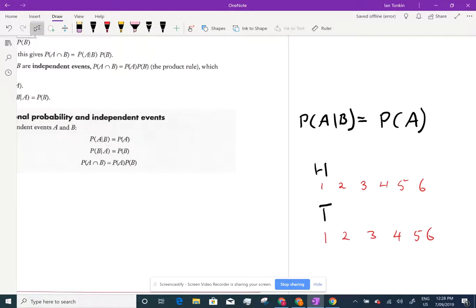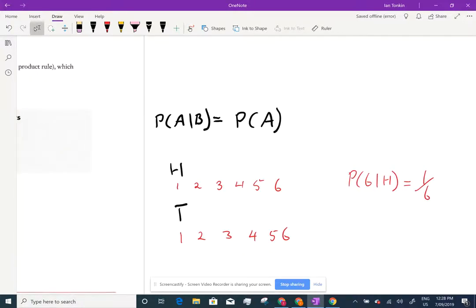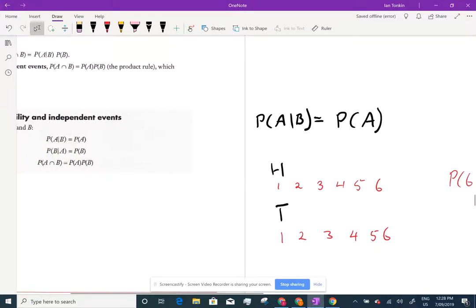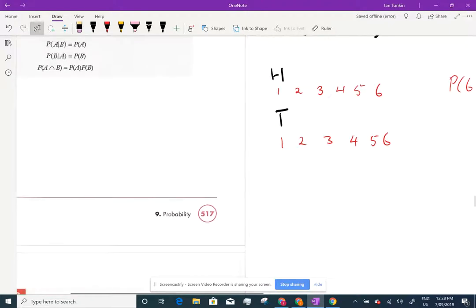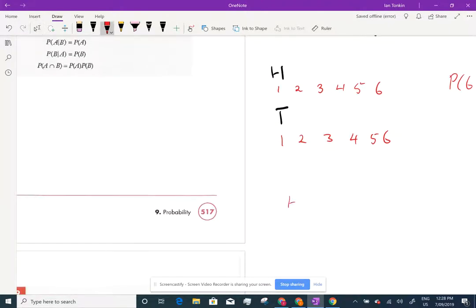Now, because of that, well, there is an intersection. The probability of an event and another event is just multiplying those events. It's like on a tree diagram, a normal probability tree diagram. So if we had it here, we'd have head, tail, and we have our 6, 1, 2, 3, 4, 5, 6.